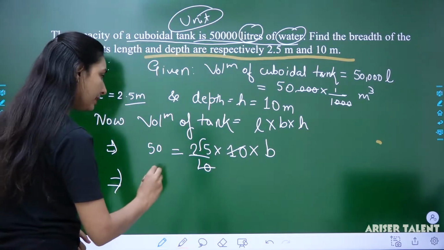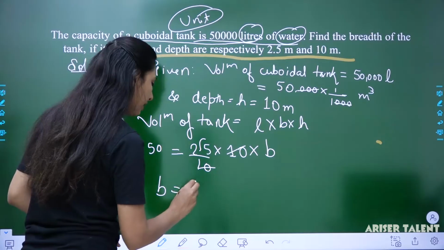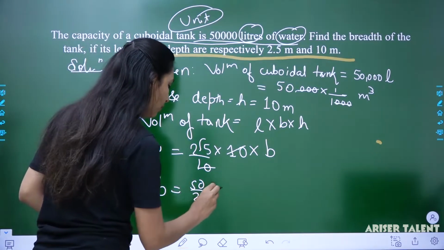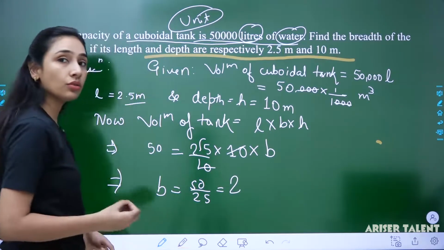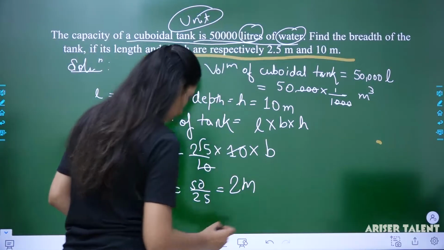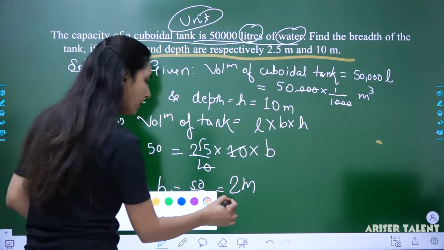This implies that B will be equal to 50 by 25, which is equal to 2. Now 2 what? Meters. So 2 meters will be your answer.